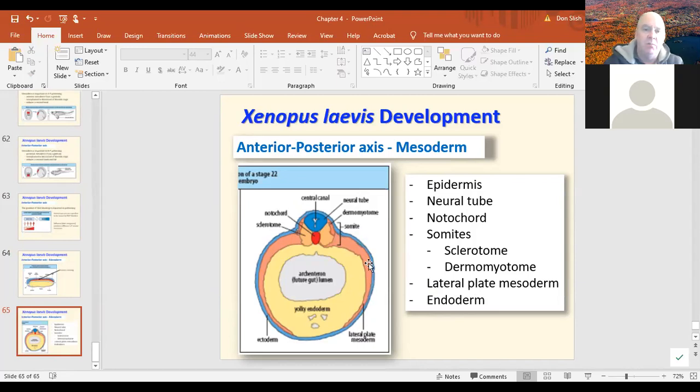So all the body case is coming out of this. And then inside that body case is the gut. This is your endoderm here, archenteron, which will be the gut lining, and then yolky endoderm, which is down here until the frog uses that yolk up.